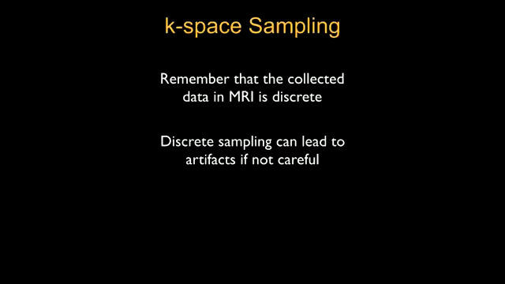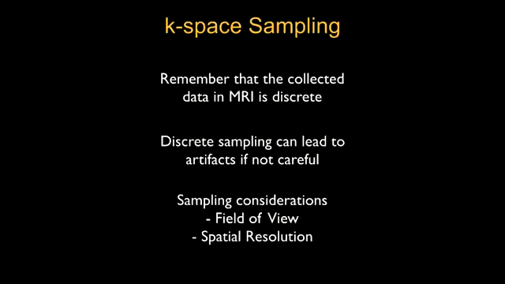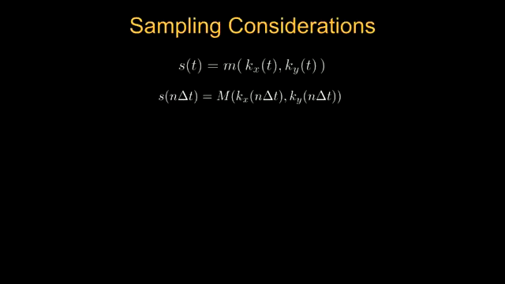So the discrete sampling can lead to artifacts if you're not careful. And from that perspective, you always have to think about the field of view and the resolution. Because whenever you have sampling, if your field of view is not enough, there will be an aliasing artifact. So for the sampling consideration, instead of looking at s(t) as a continuous value, now we're going to look at discrete values.